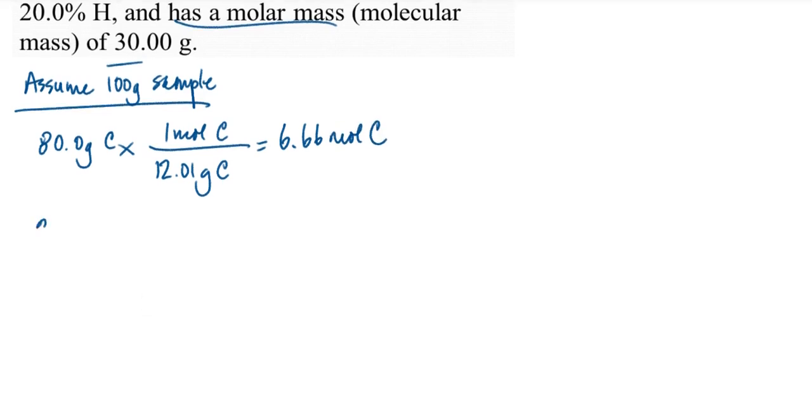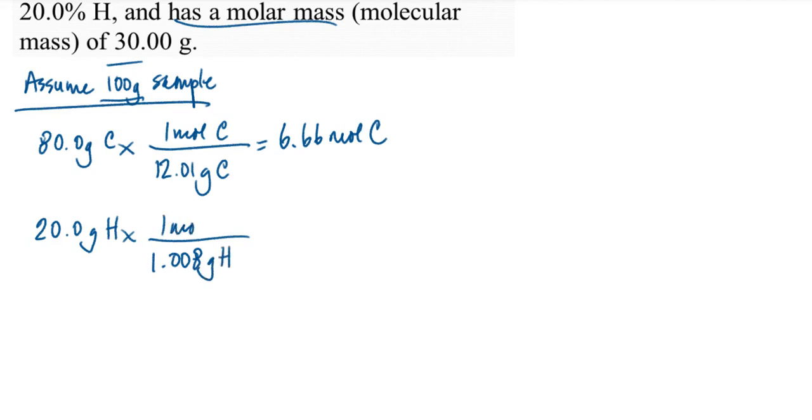And then I'm going to do the same to hydrogen. So again, assuming a 100-gram sample, 20% hydrogen would be 20 grams of hydrogen. I'm going to divide that out by 1.008 grams of hydrogen for every 1 mole of hydrogen. So if I divide that out, 20.0 divided by 1.008, I get 19.8 moles of hydrogen.